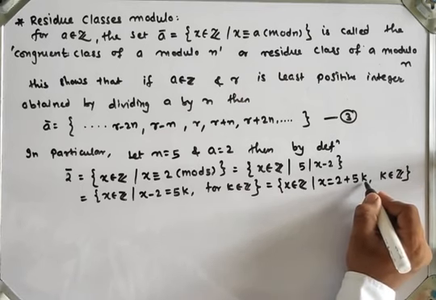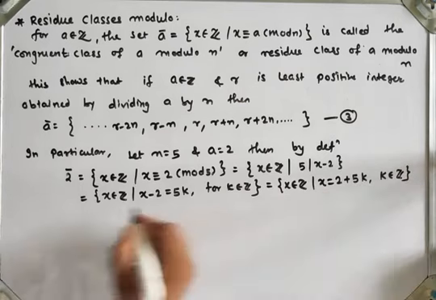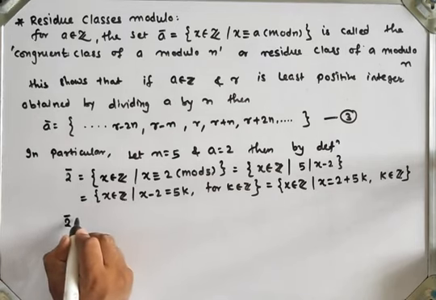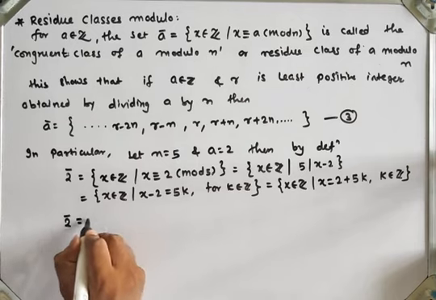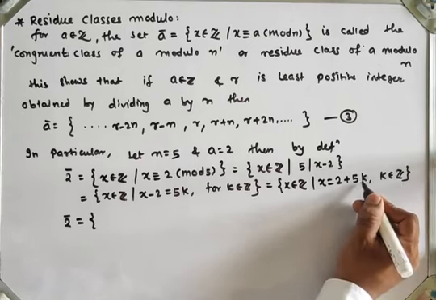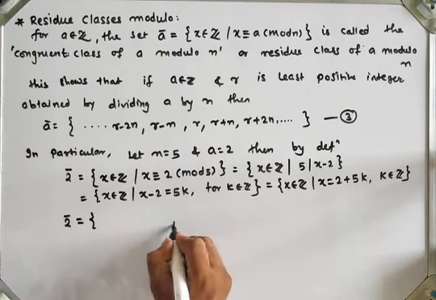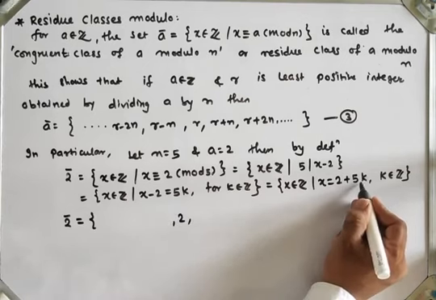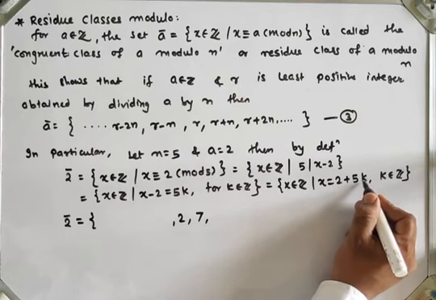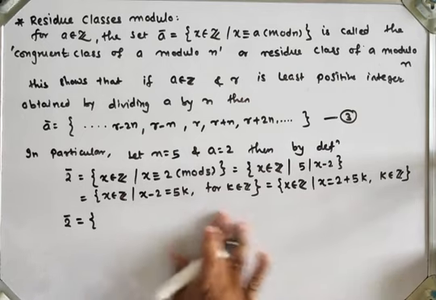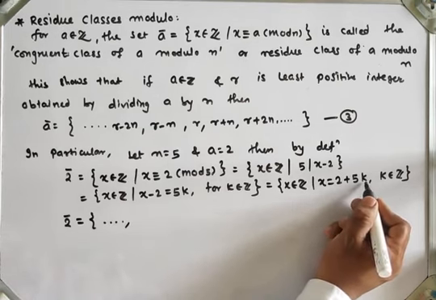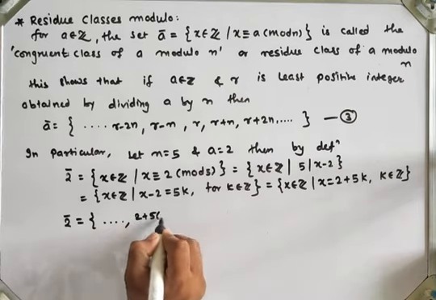So varying k over the set of integers, we will get the set of values of x belongs to the set of integers. So the residue class of 2 modulo 5 is nothing but, varying the value of k over the set of integers, suppose if I put k is equal to 0, then we will get the value 2. If k is equal to 1, then 5 plus 2 is 7. If k is equal to 2, 5 into 2 plus 2 is 12, and so on. Suppose I put k equal to minus 2, then 2 plus 5 into minus 2.